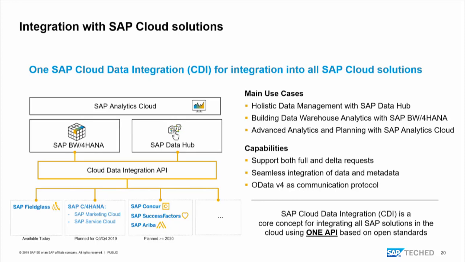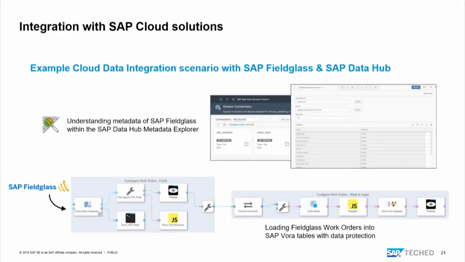The idea is that this concept is shared among many of those applications. Then we can get delta uploads, we can fetch metadata, and we have a common interface and a common protocol for all of those solutions. That is how it looks.